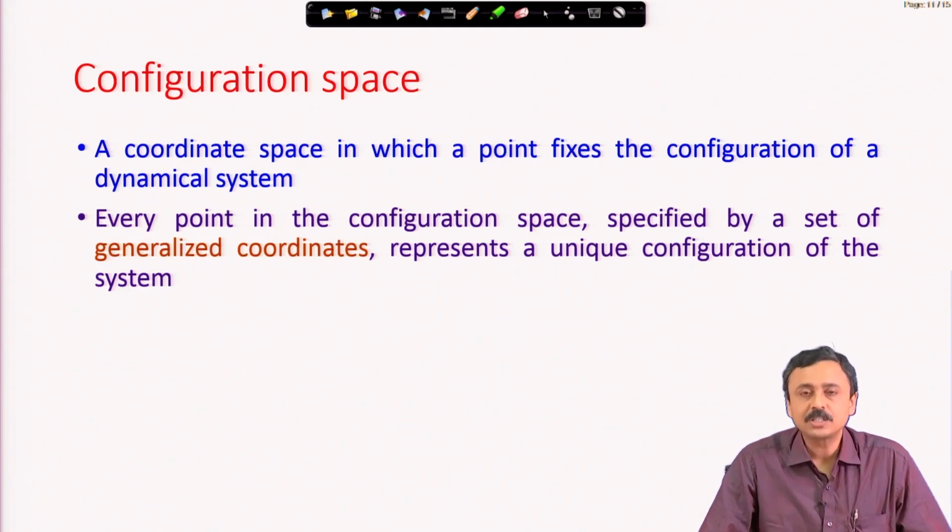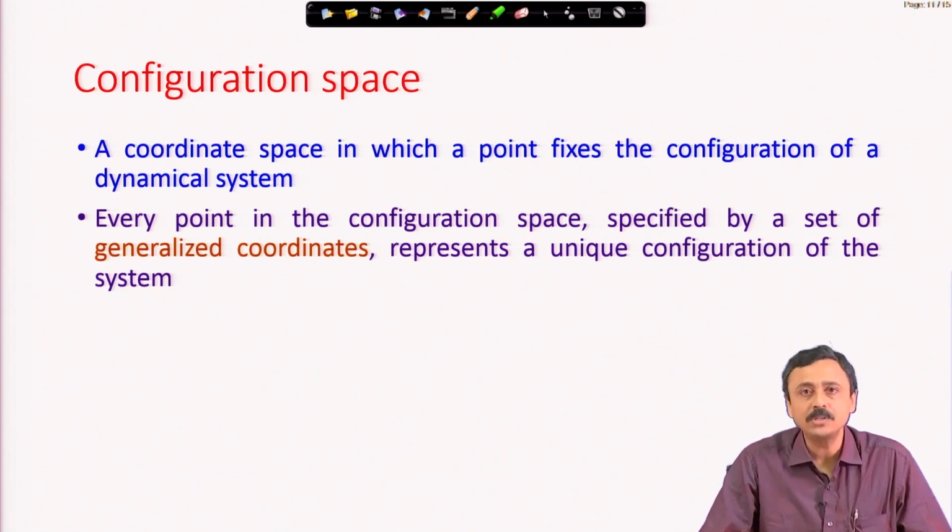Every point in the configuration space is specified by a set of what are known as generalized coordinates. Just like x, y, z specifies the location of a particle, so x, y, z are the generalized coordinates for the particle, and the space is the 3-dimensional Cartesian space, that is the configuration space. So, these coordinates uniquely represent the configuration of the system.